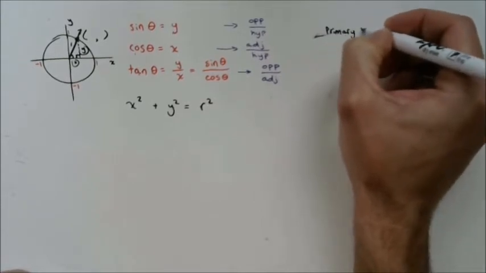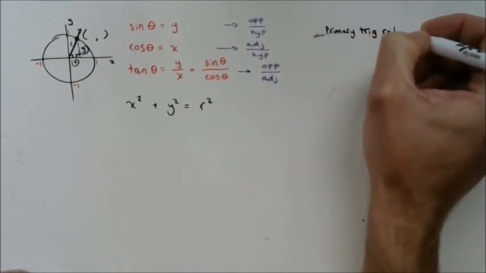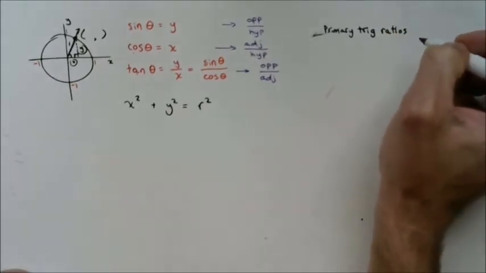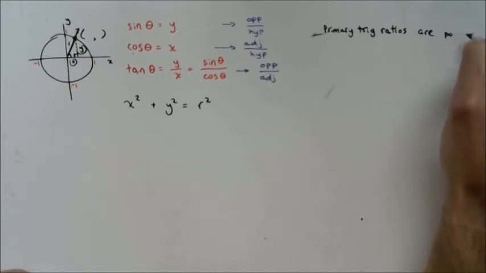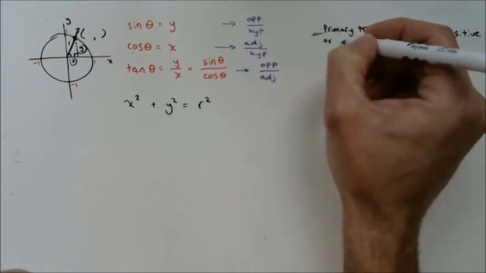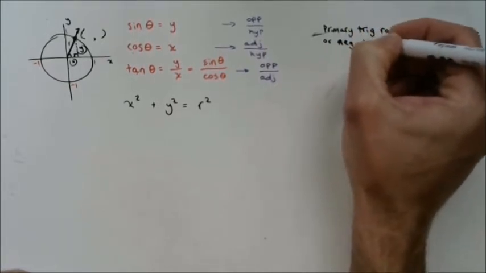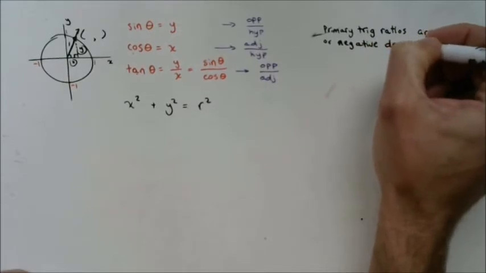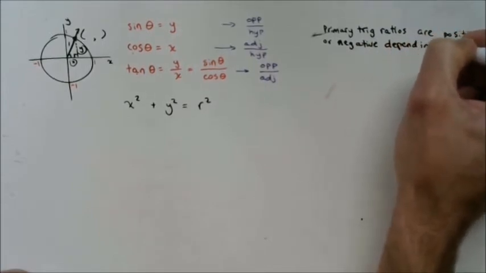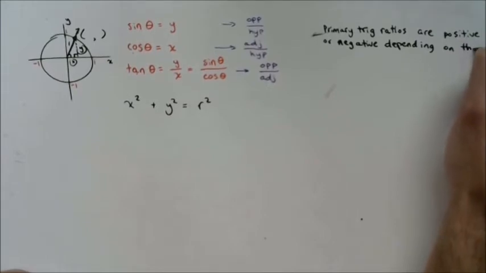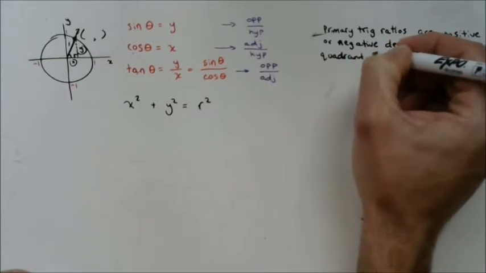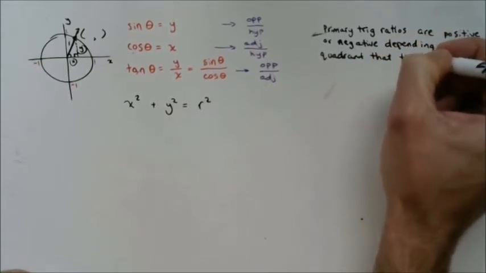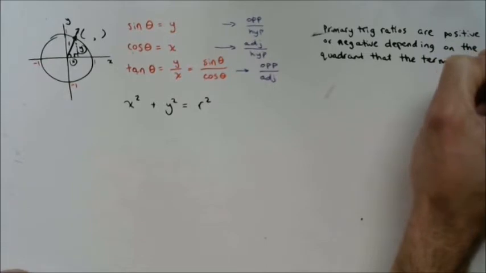Primary trig ratios are positive or negative depending on the quadrant that the terminal arm is in.